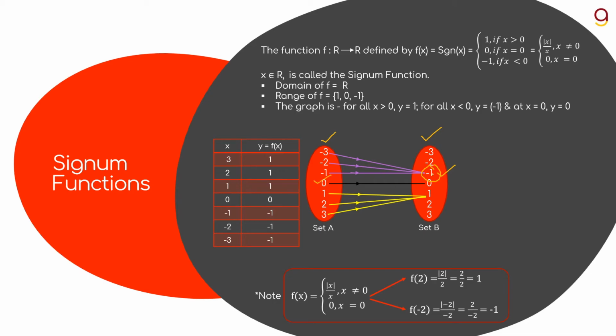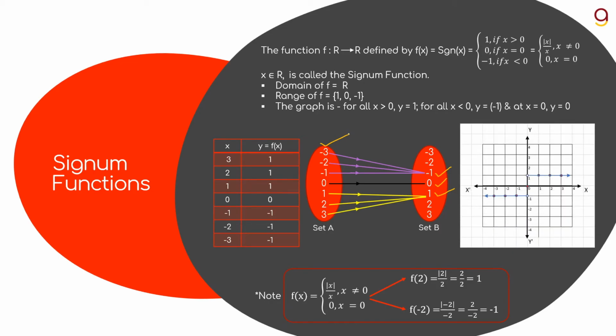And for 0, the image is 0. And for the positive numbers 1, 2 and 3, we get a unique image, that is 1. So here the range is minus 1, 0 and 1, and the domain is the set of any real numbers.